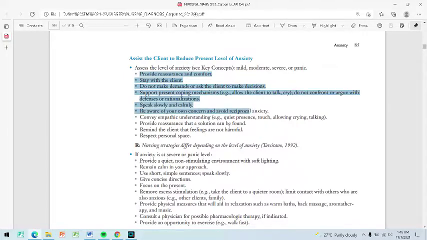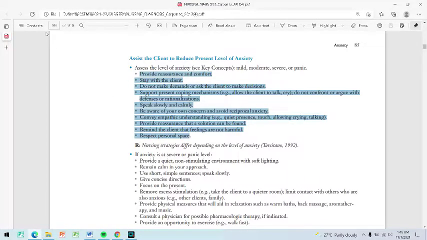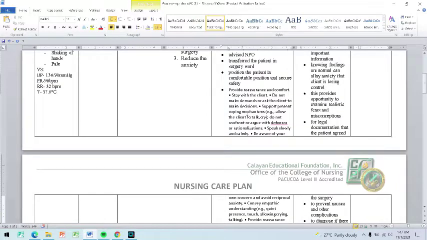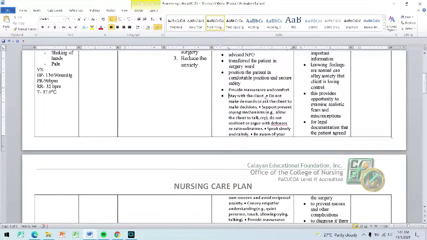So all these things, whichever are applicable, can be included in the nursing management. I just put this one so that you will properly identify what the nursing interventions for anxiety are.